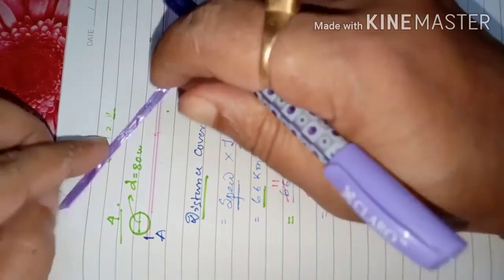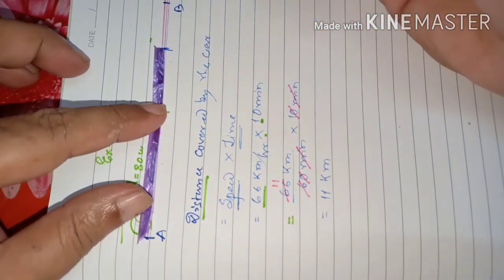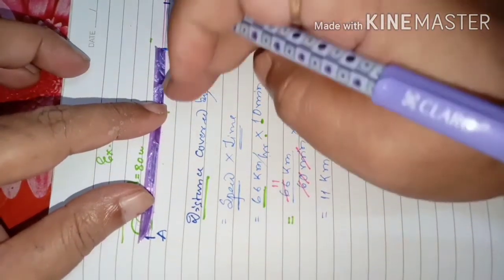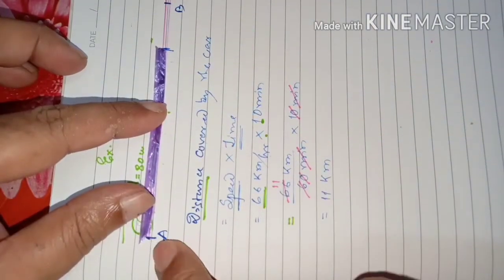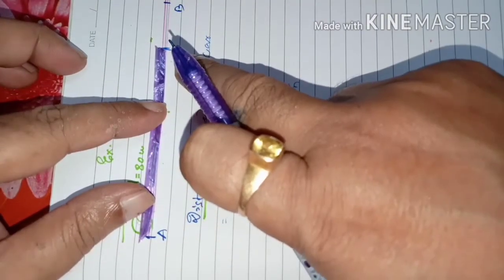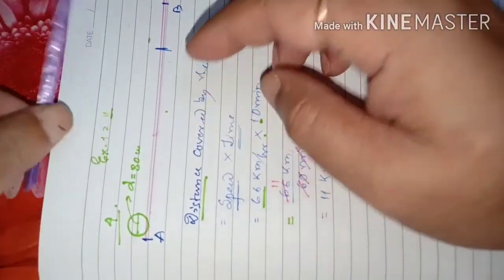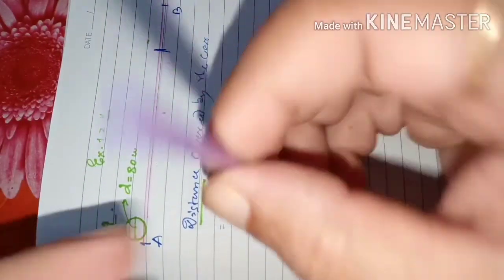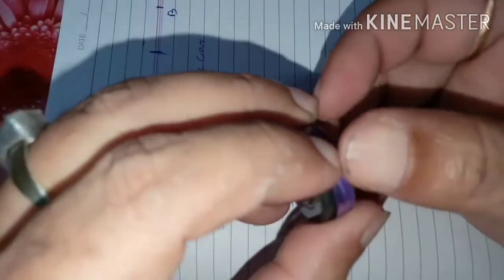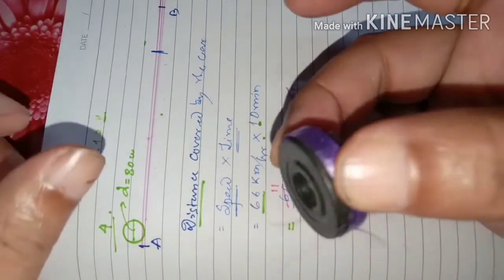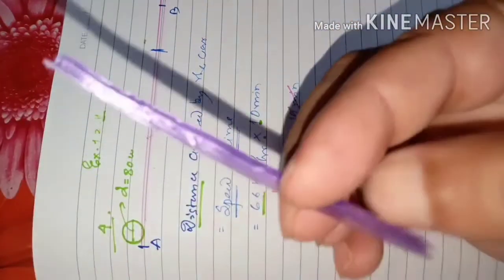You can measure it with this thread, from here to here. Actually it is the circumference of the wheel. When I try to cover the wheel with this, I can manage it completely and exactly. So one revolution means one circumference.